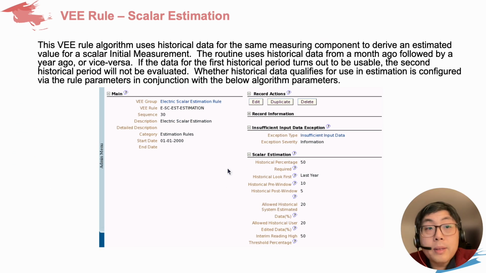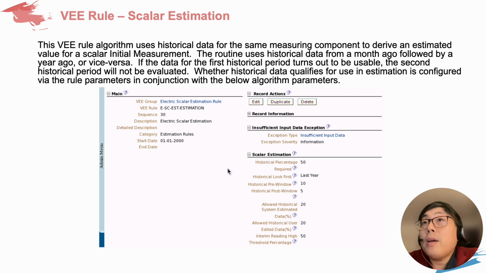Now the last one is the scalar estimation. This is very often used for scalar. Let's say we have a meter reading at the end of the month, but the customer for some reason demands a bill in the middle of the month, an ad hoc bill, let's say on the 20th.